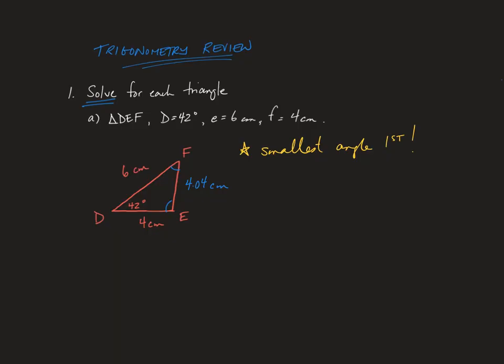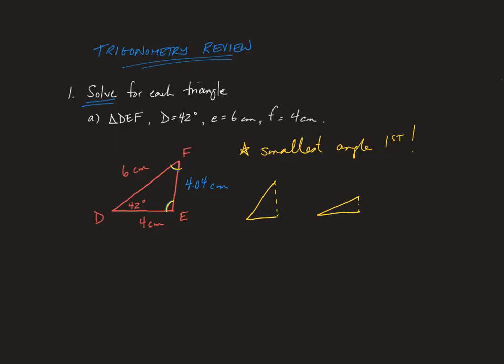when I take a look at angle E and angle F, I don't know if those angles could be obtuse. Or at the very least, I don't know if there is an obtuse angle in that triangle, or if all three angles are acute. However, I do know that big sides make big angles. So if I have a really big angle, then it is going to make a big opposite side, versus small angles making small opposite sides.